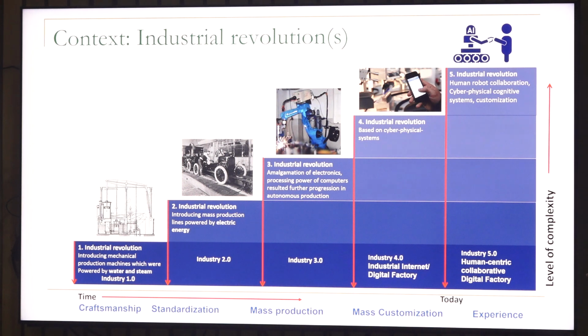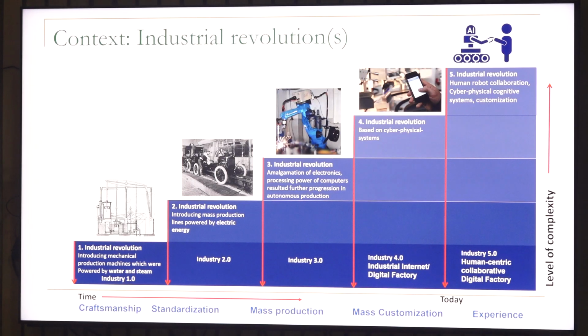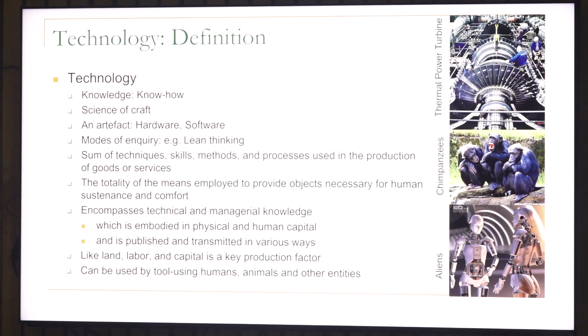So we are shifting from craftsmanship to standardization, to mass production, to mass customization, to experience. This is the dynamics in which our products and services are moving. Accordingly, we develop a business model that provides mass customization and experience. This will make you relevant in the market, otherwise you will become irrelevant.